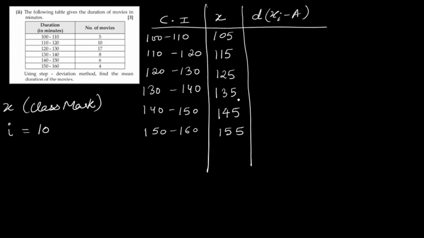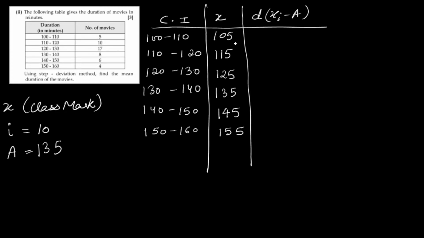We can take 125 or 135, because these are the two middle values. Either way you will get the same answer. So let's take 135.